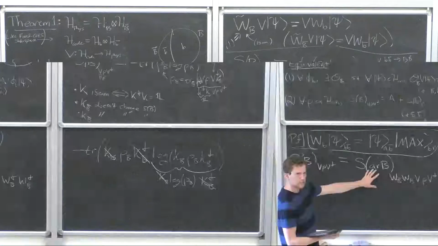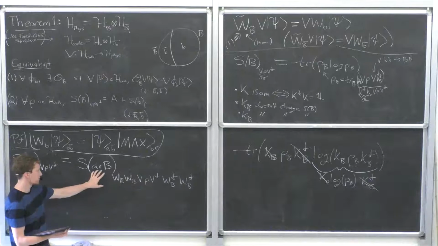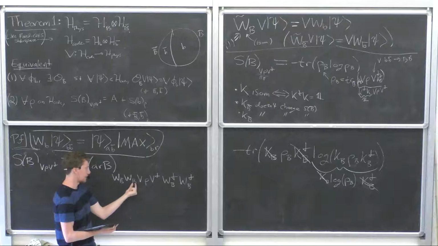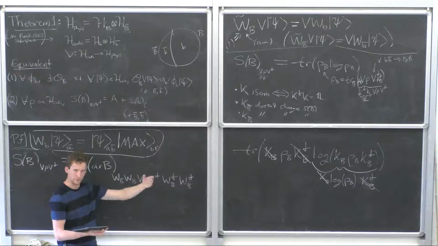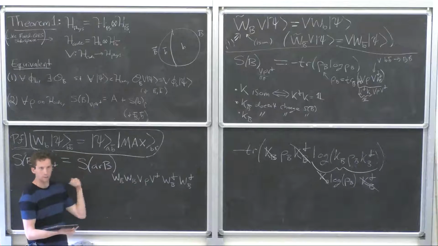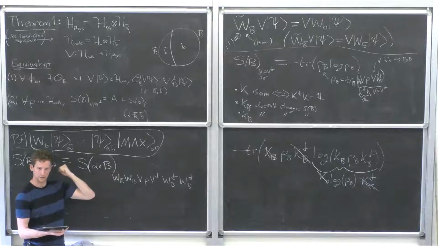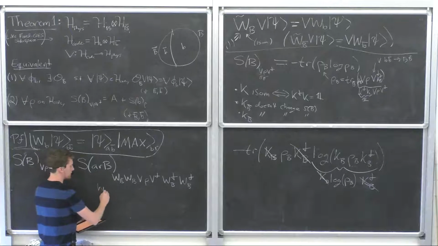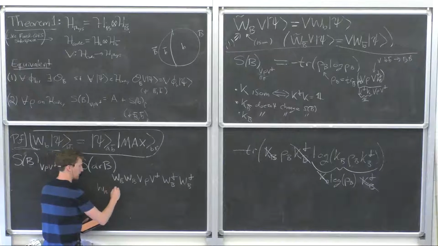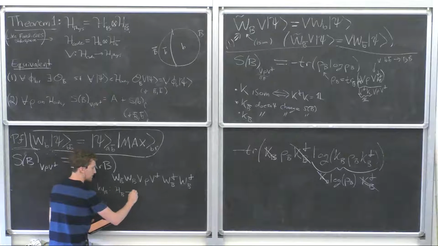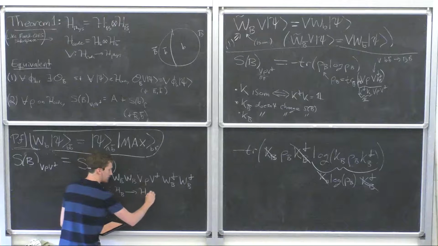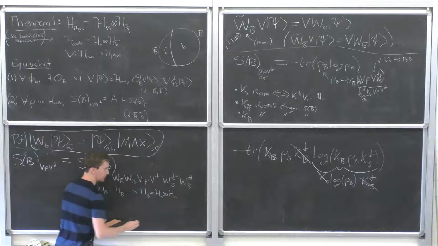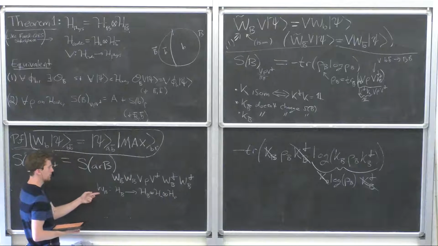And the system changed here from B to AR because whenever you act an isometry on capital B, mapping it to a larger Hilbert space, what needs to go here is the Hilbert space you mapped it to. Does that make sense? So W_B mapped H_B to H_B tensor H little a tensor H little r.